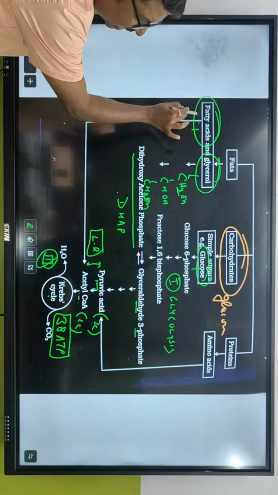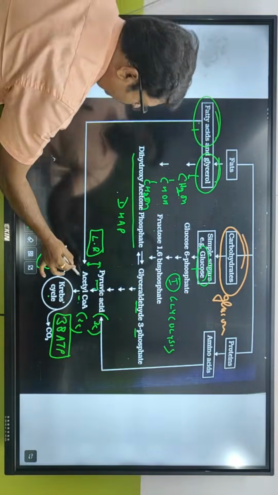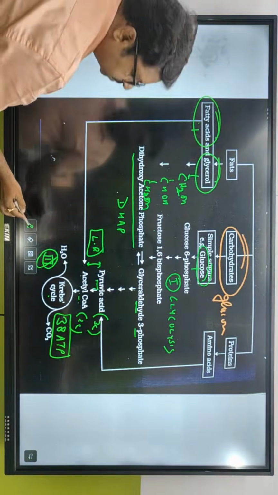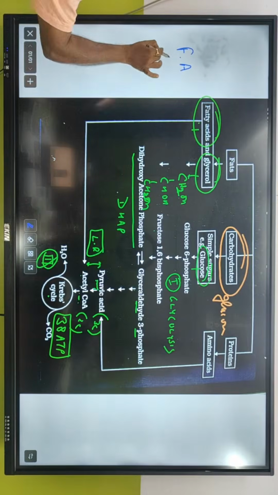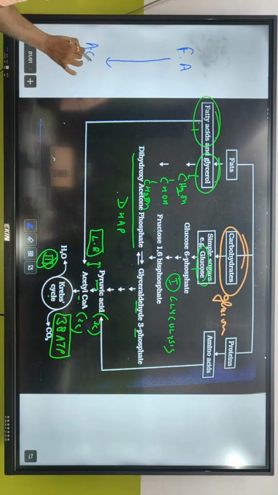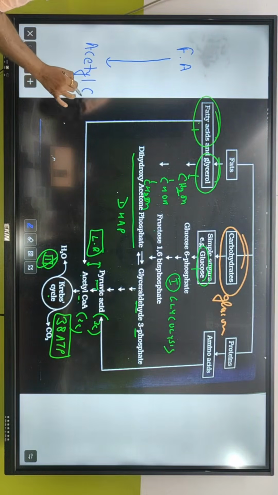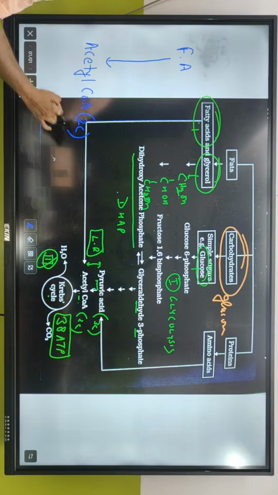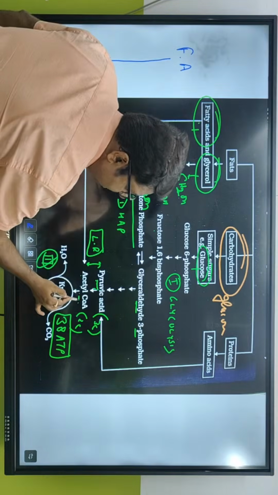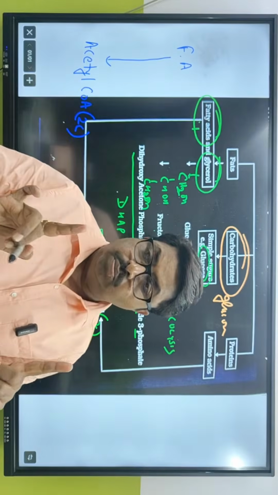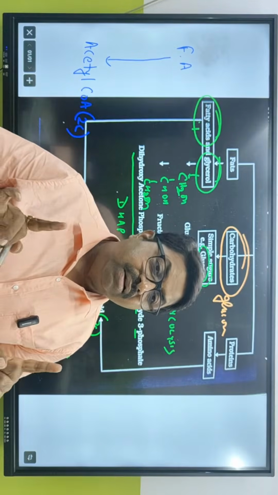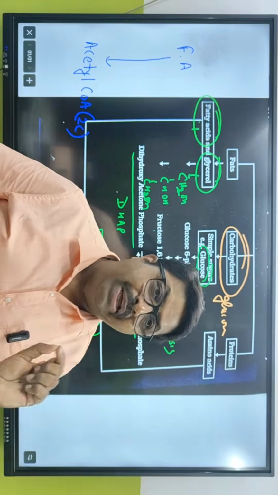This fatty acid comes straight away to acetyl-CoA. Mind you one thing: the fatty acid comes down and gets straight away into acetyl-CoA. How many carbon is acetyl-CoA having? 2 carbon. So after acetyl-CoA, it will get into what? Krebs cycle. Mind you, the respiratory pathway is called an amphibolic pathway.